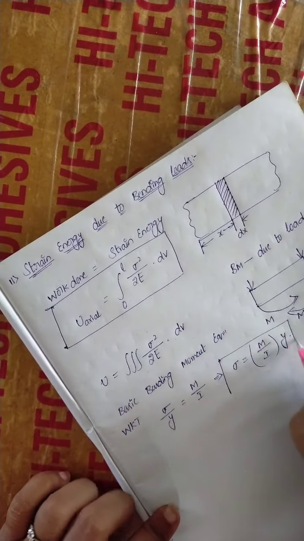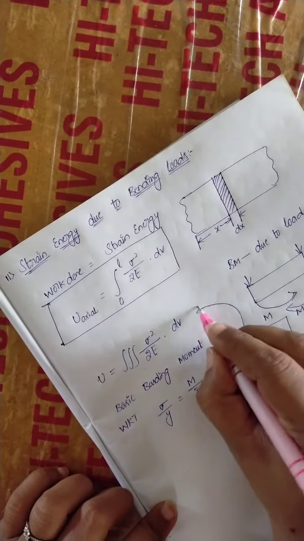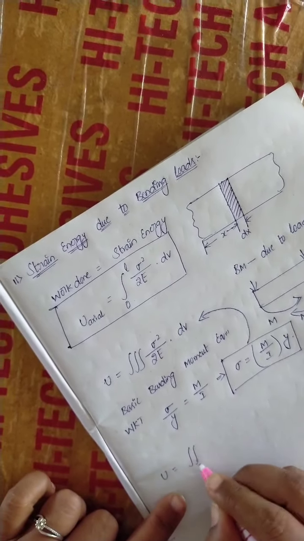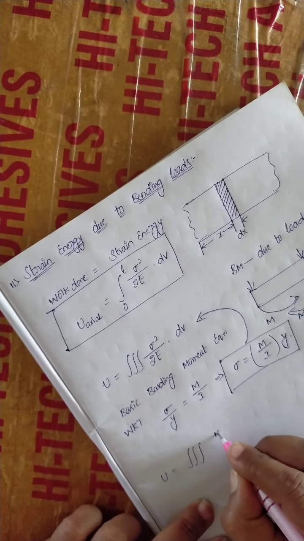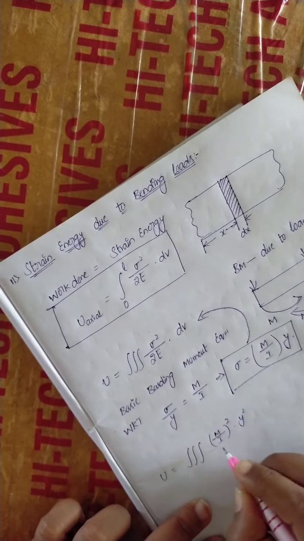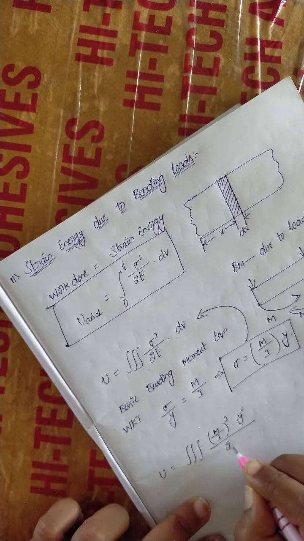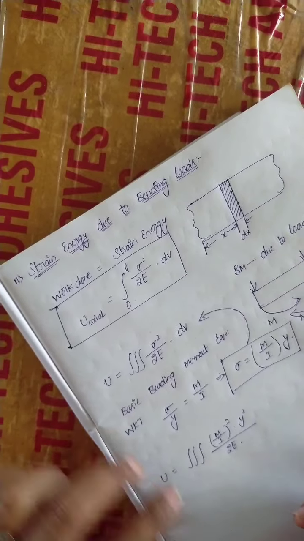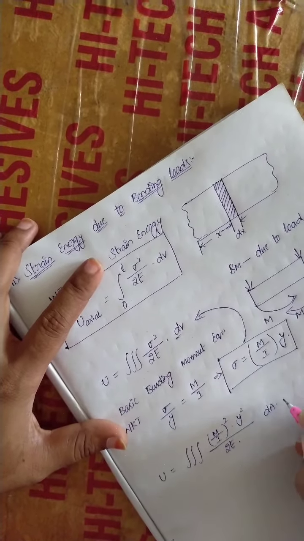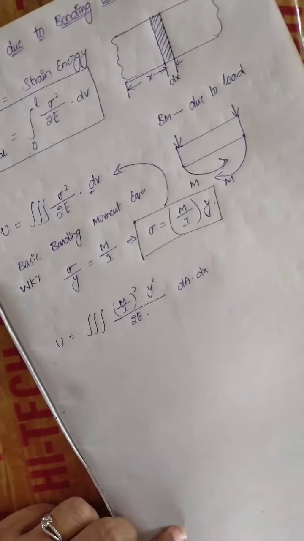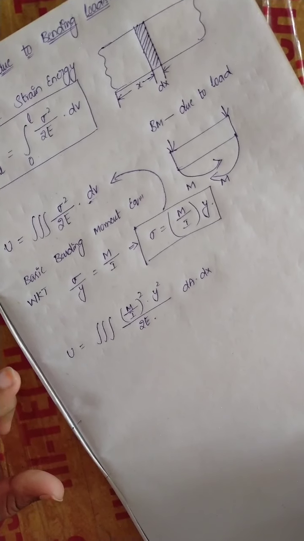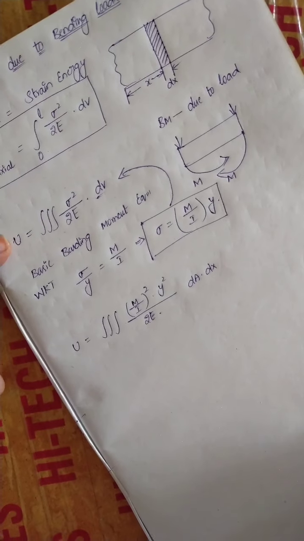So this value I am going to substitute in this equation. Then U is equal to triple integral of (M by I) whole square into y square by 2E into, here I am going to write dV as dA into dx. So finally I wrote the formula like this.